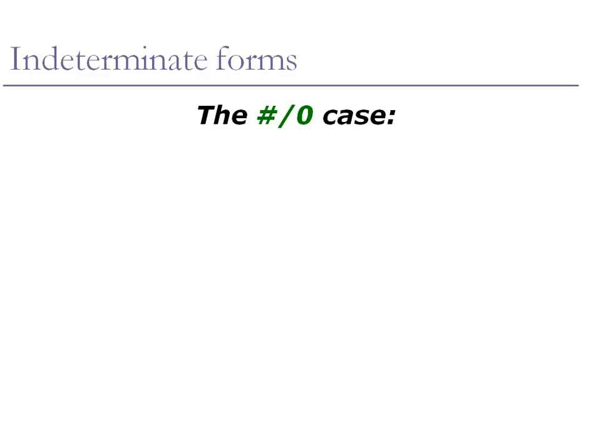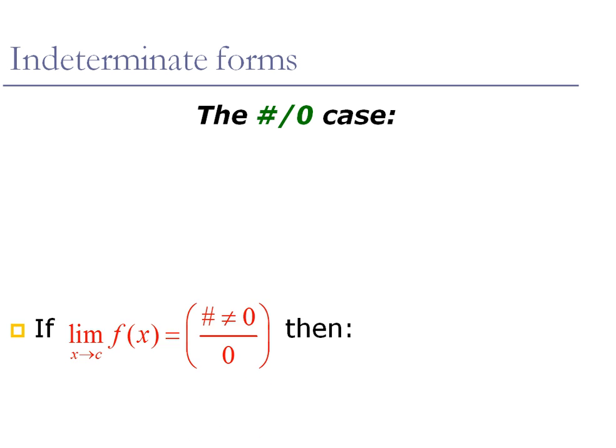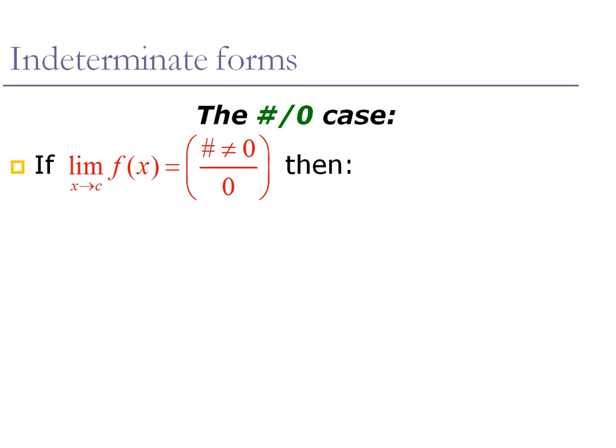Let's start this more systematic analysis of indeterminate forms by starting with the case that we've already seen before, and that is the situation where we end up with a number over 0 from our limit. So in this situation we have the limit as x approaches c of f of x, and by the way, in this situation our c is going to be a finite number, and let's say that we end up with a form of a fraction where the numerator becomes a number that is not equal to 0 while the denominator is approaching 0 itself.